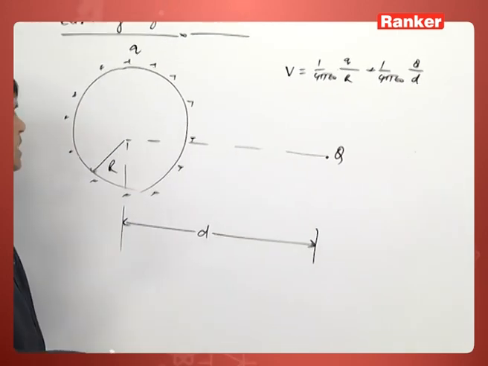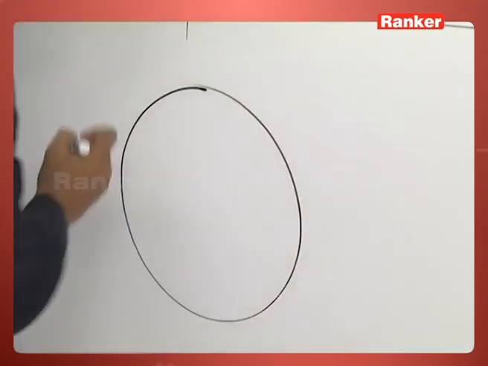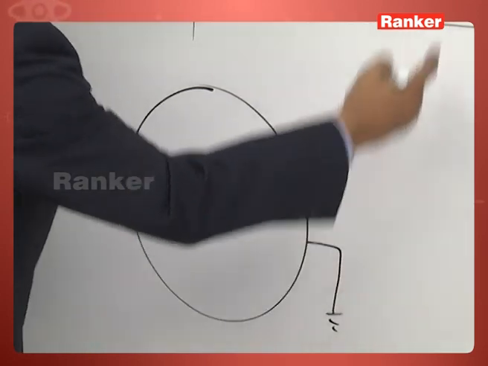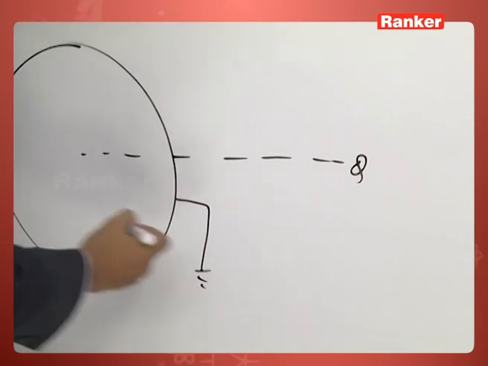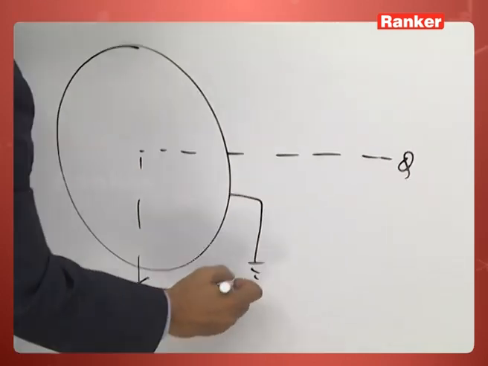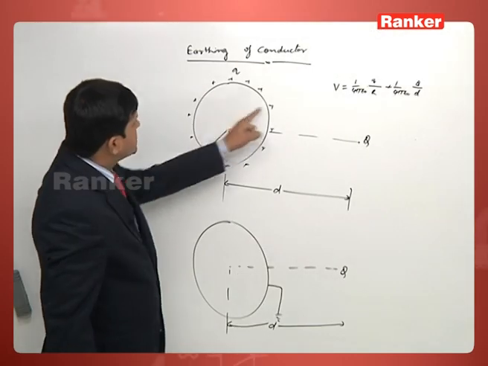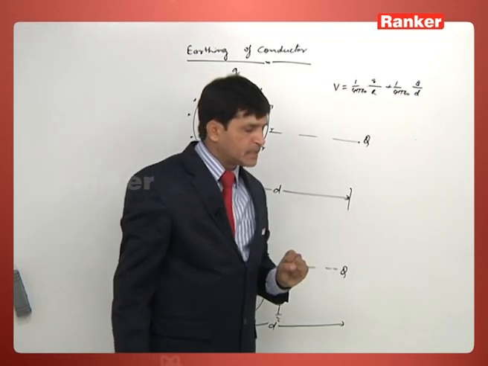Now we made this conductor earth. That charge Q will remain at the same position. Earlier, since both charges are positive, the potential was positive.